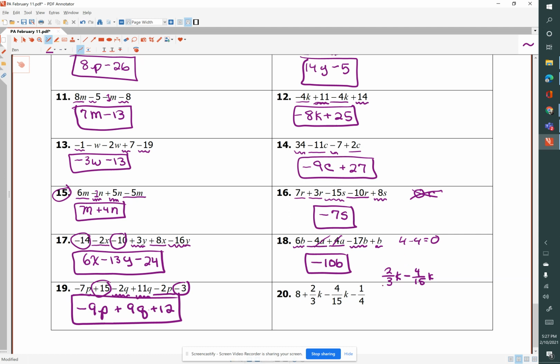So we're going to have to convert this to 15ths. So 3 times 5 is 15, 2 times 5 is 10. 10 15ths minus 4 15ths is 6 15ths, which we can reduce to 2/5. So that's 2/5 k.